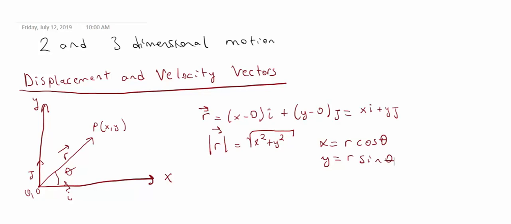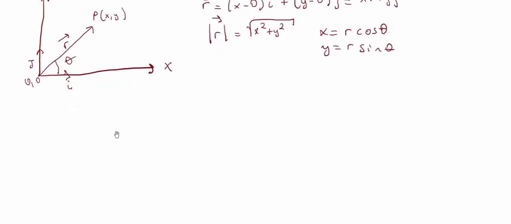And now let's draw another graph that shows the displacement vector. So this is again x and y, and this is i and j.